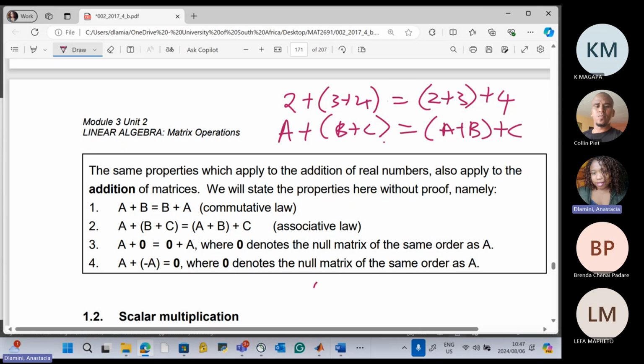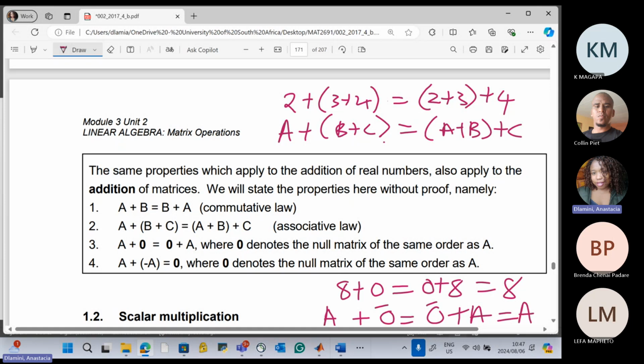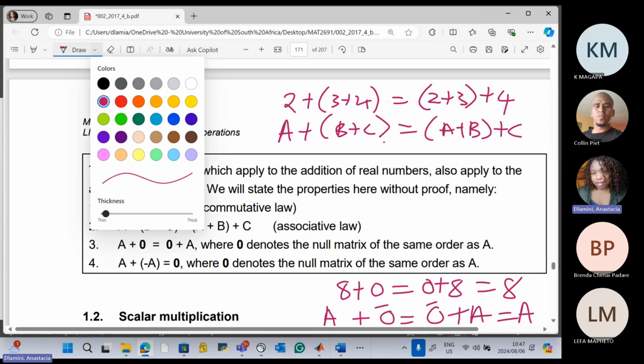We know that any number added to 0 is that number. So 8 plus 0 is the same as 0 plus 8, and the answer is 8. Here they're saying that a matrix A plus a 0 matrix is the same as the 0 matrix plus A, which is just the matrix A. I hope we are all together there. Yes, ma'am.